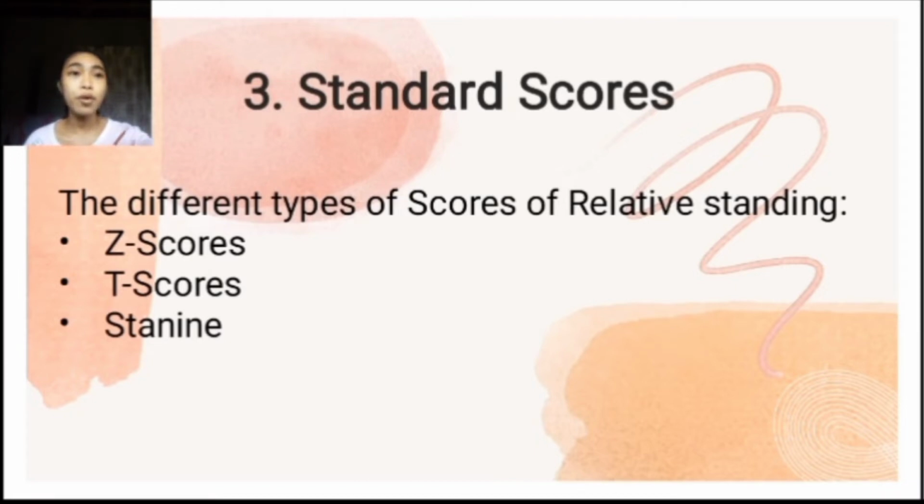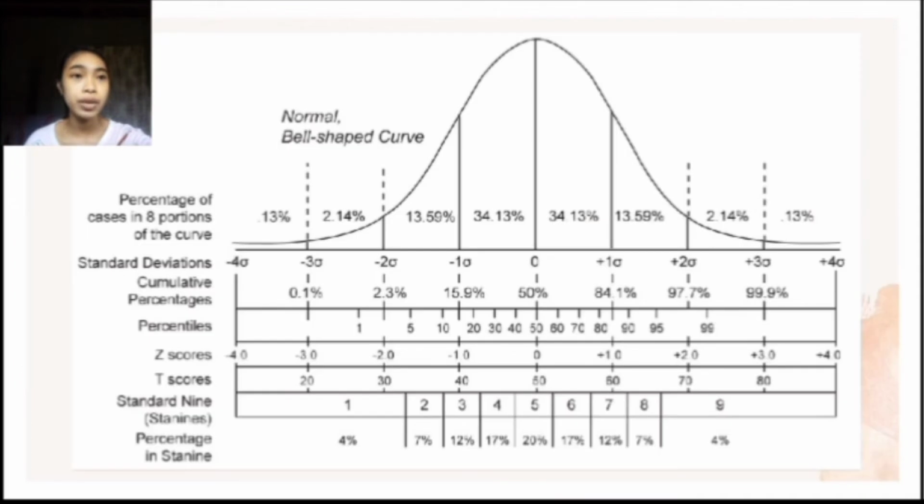Before we proceed to the next slide, we have an example of a normal curve. As you can see on your screen, this is a normal distribution of standard deviation. Here we have our mean, which is the 0 in the middle. On the right side, we can see the positive values, and on the left side, the negative values.